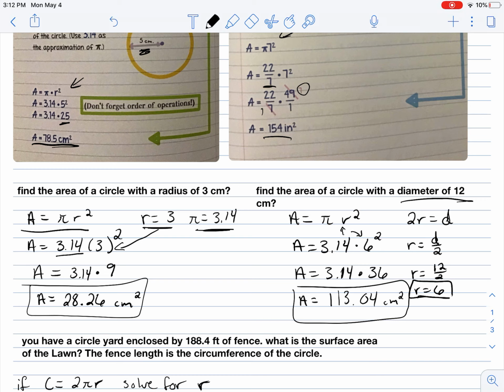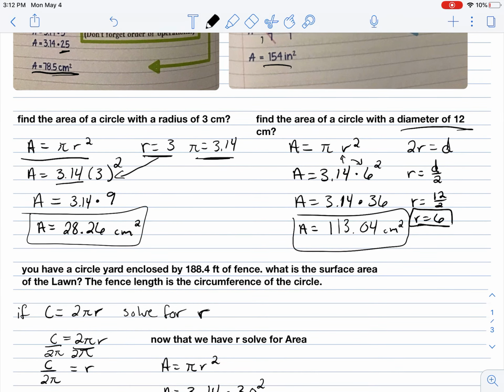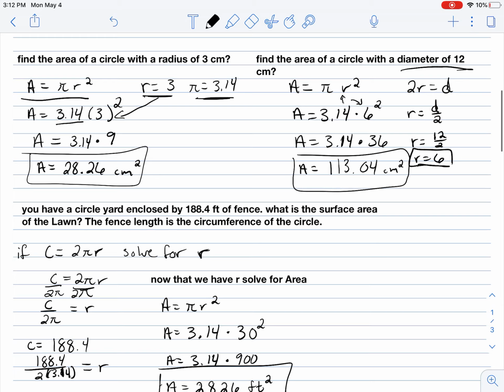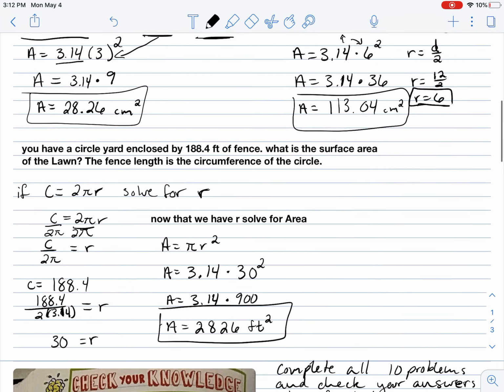So 6 squared is 36. Pi is 3.14. So we take 3.14 times 36, which is our radius squared, and we get our area of 113.04 centimeters squared. And for surface area, we're always going to be dealing with our dimensions in square units. So square inches, square feet, square centimeters.